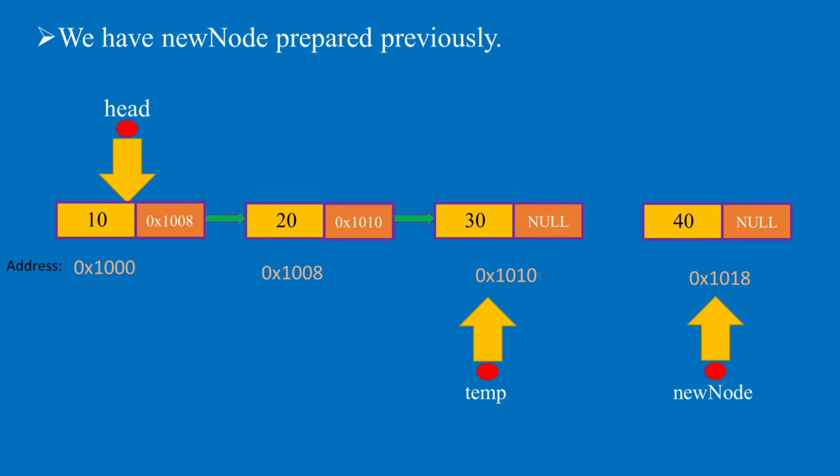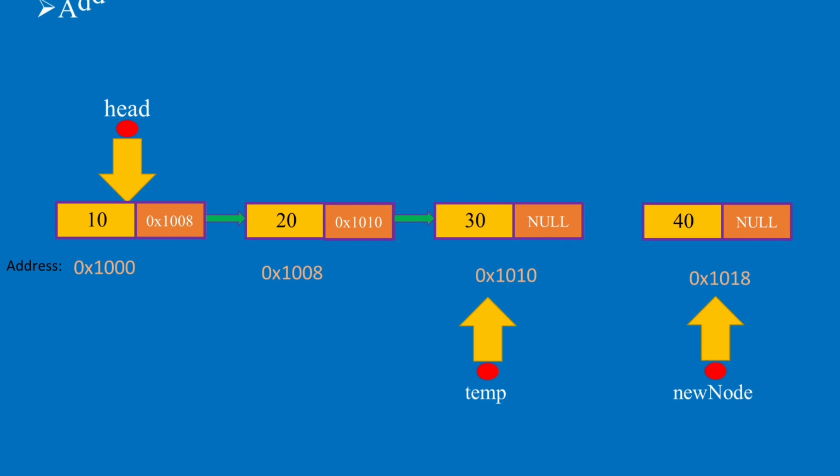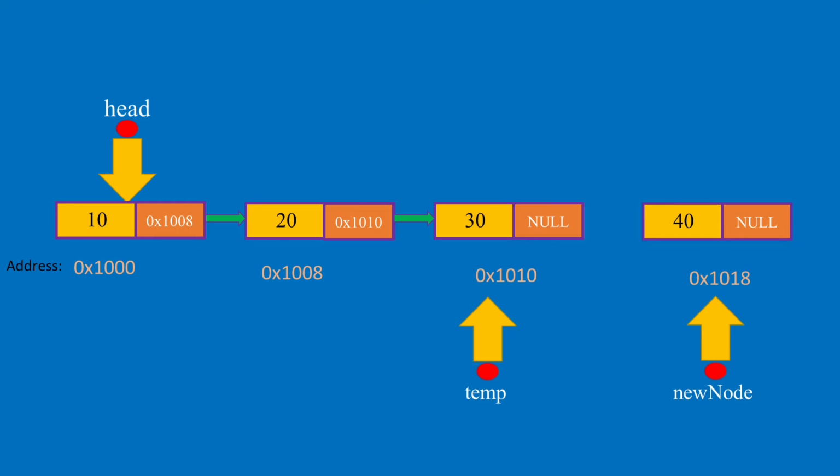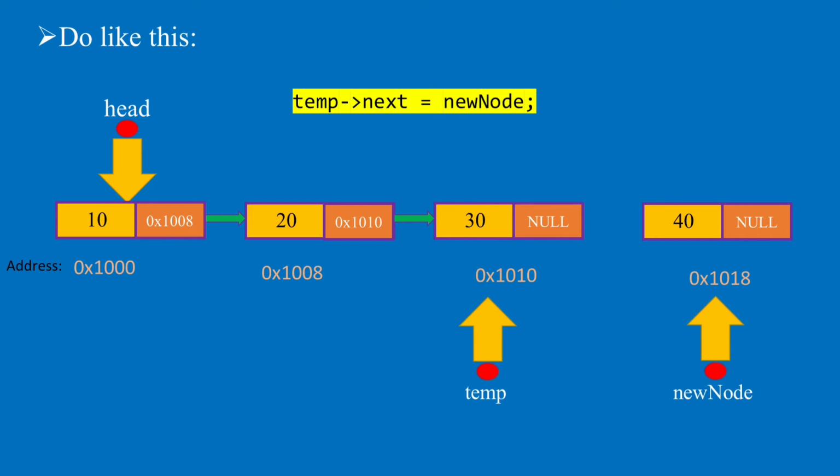Let's assume address of new node created is 0x1018. Add new node to the list by pointing that node as fourth node, that is, last node. For that, programmatically, we can do like this: temp pointer next equals new node.